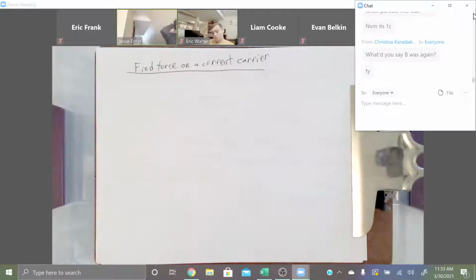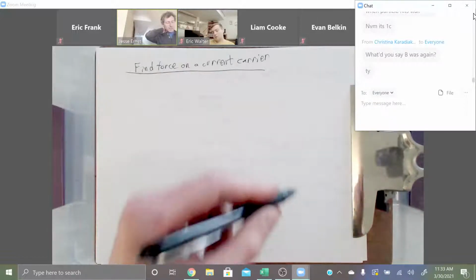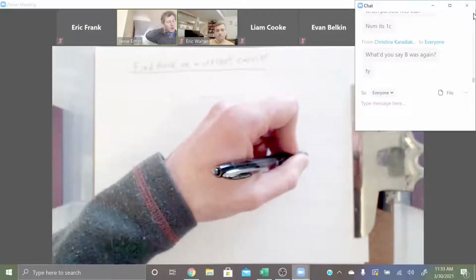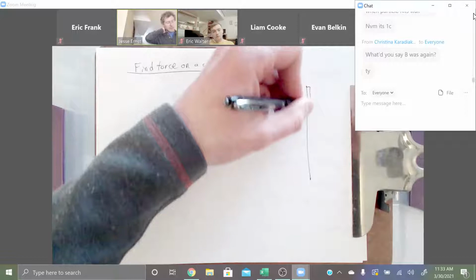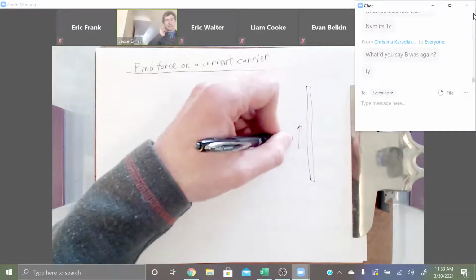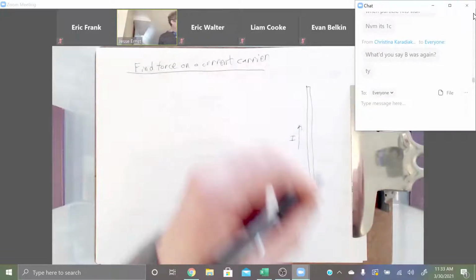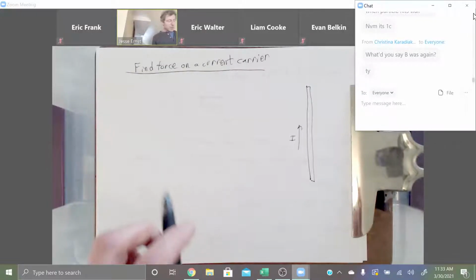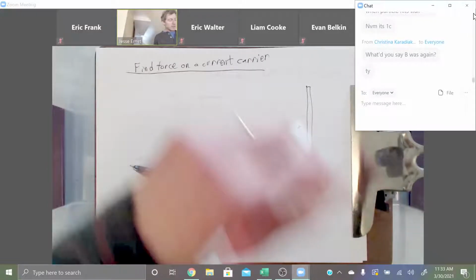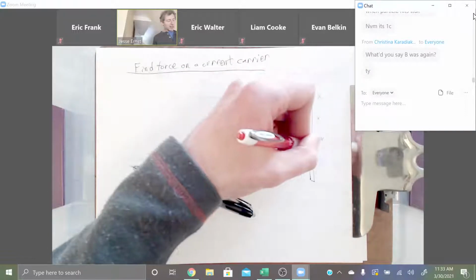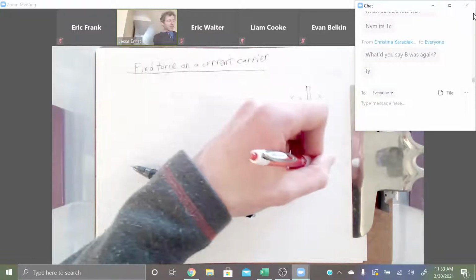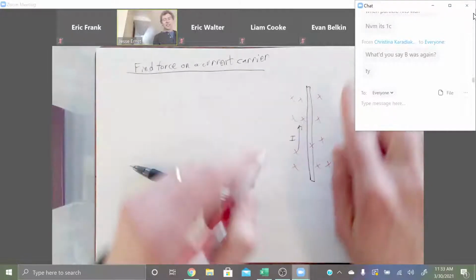If you think about it, it makes sense that there ought to be a force. If I have a wire carrying a current I this way, and let's say I have a B field that points into the page. You just have a wire hooked up to a battery, carrying current that way, and there's a B field that goes into the page.